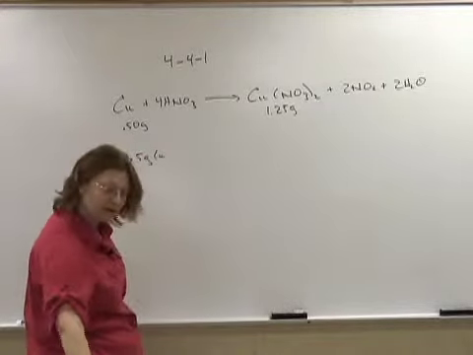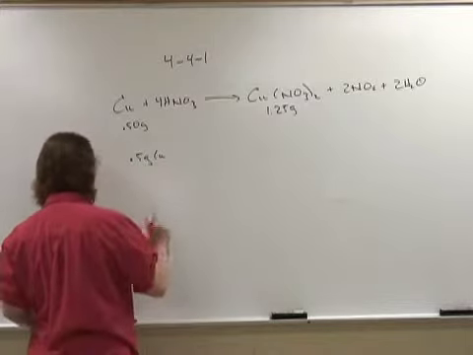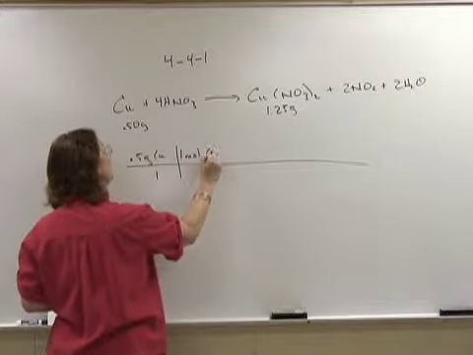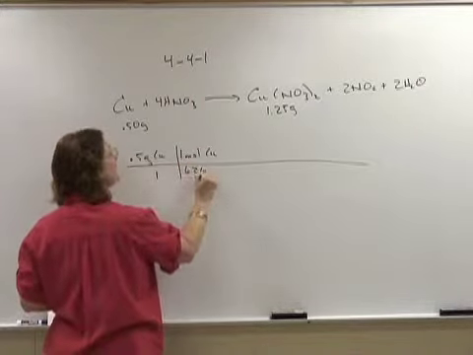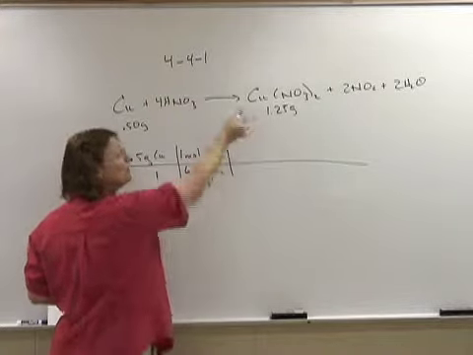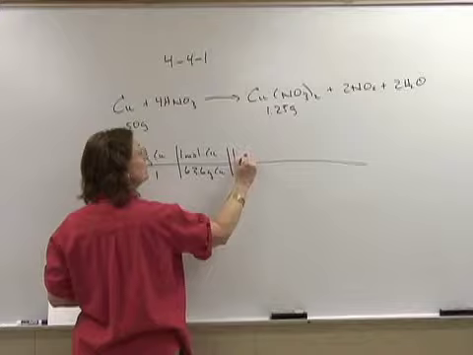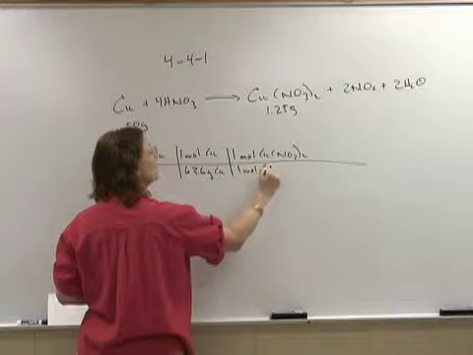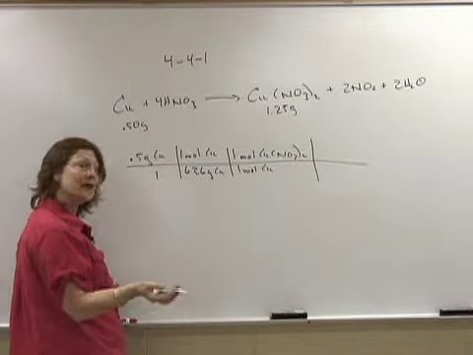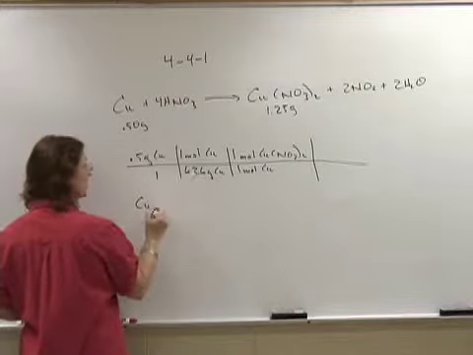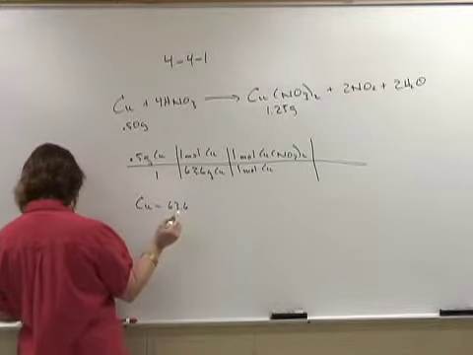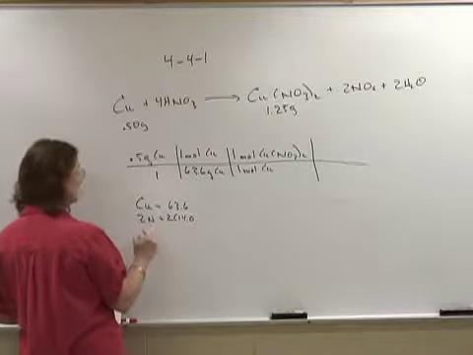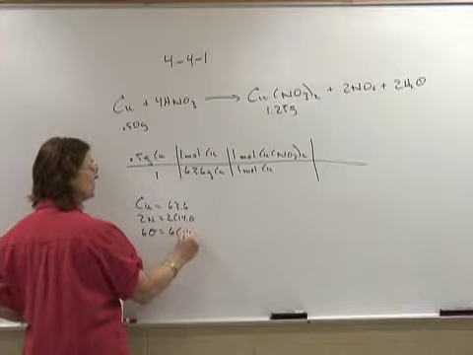And I'm going to change my grams to moles. This is a mass, lots of mass in this lab. And 1 mole of copper has a mass of 63.6 grams of copper. Now I'm looking for the copper 2 nitrate. And there's 1 mole of copper 2 nitrate for every 1 mole of copper. And then I need the AMU in order to go back to grams. Well, copper, as we said here, has a mass of 63.6. And there are 2 nitrogens, which is 2 times 14.0. And there are 6 oxygens, which is 6 times 16.0.